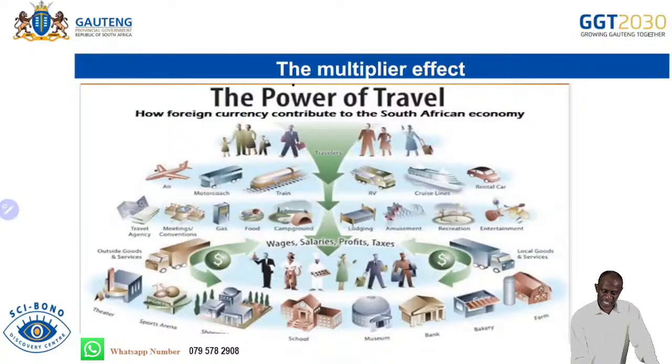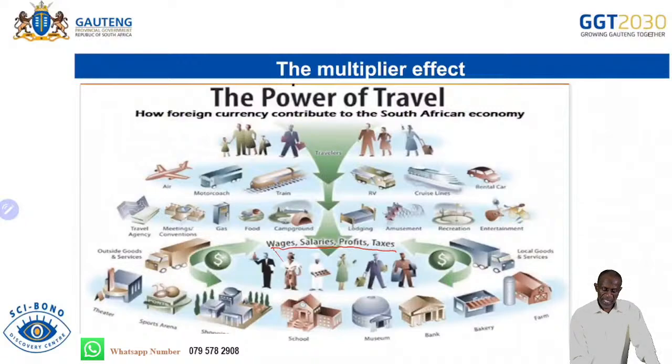As you can see here, people get employed, and out of this tourist expenditure, they get wages, salaries, profits, and they further spend the money that they have received in the form of salaries and wages, as well as profit if one operates a business in this sector.